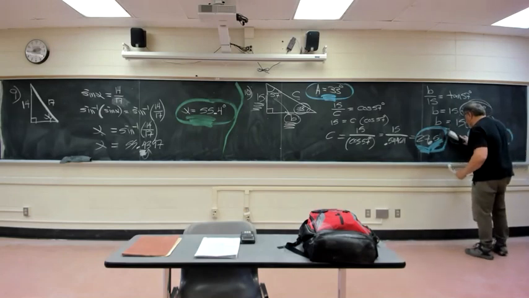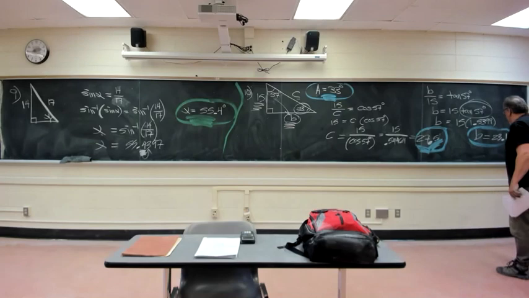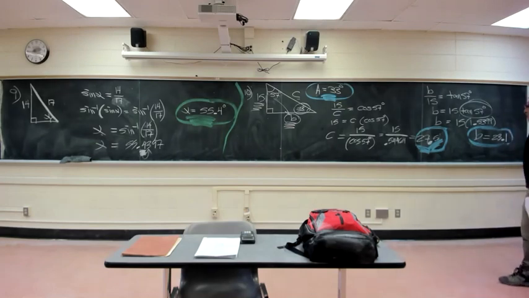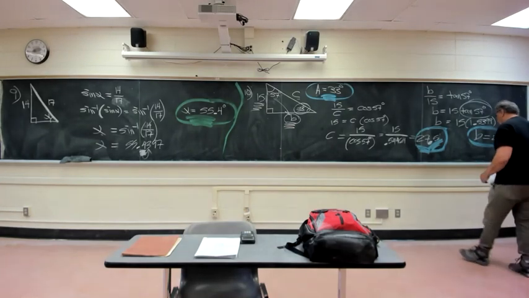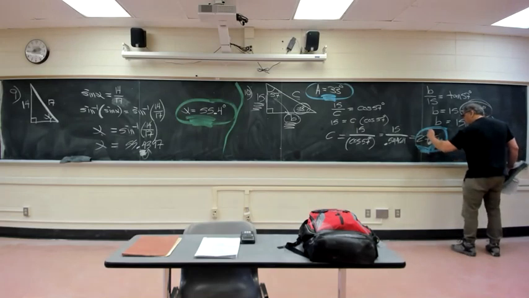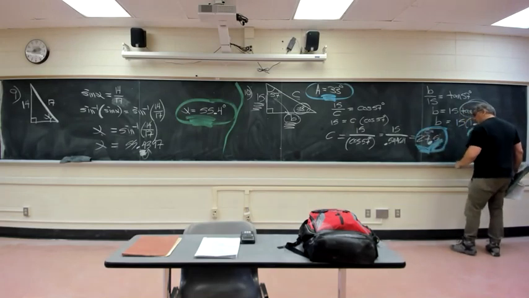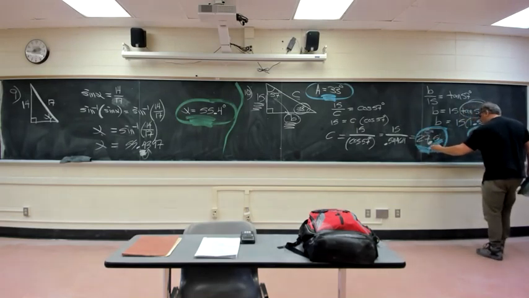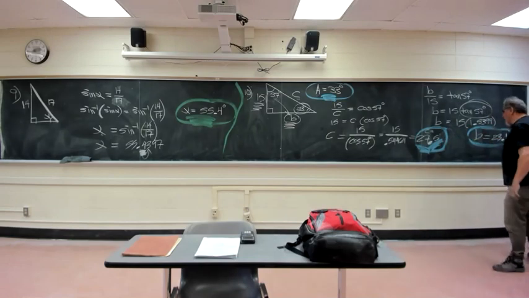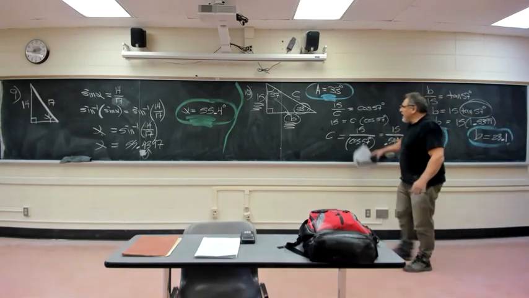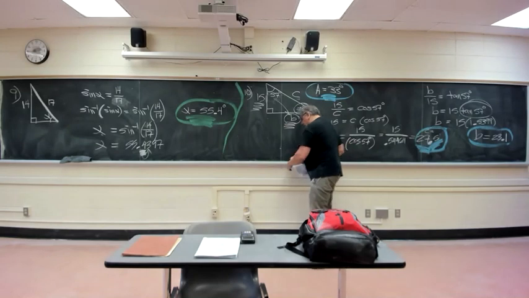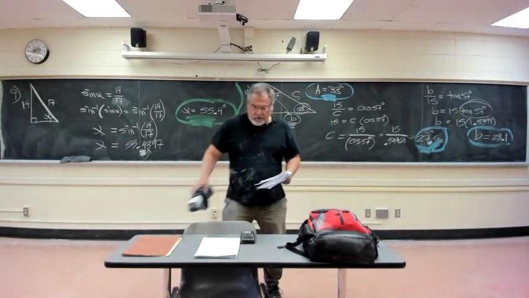We've got B is 23.1, C, let's put C up here. C equals 27.5, B equals 23.1, A equals 33 degrees. I'm pretty confident they're going to confirm it with us.